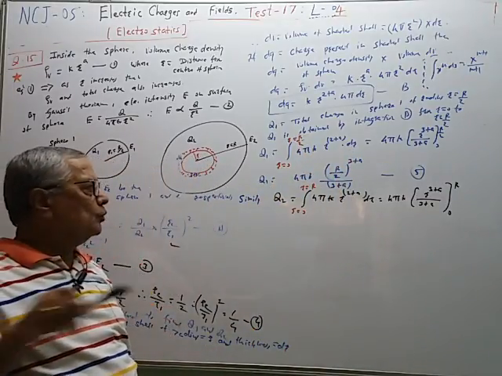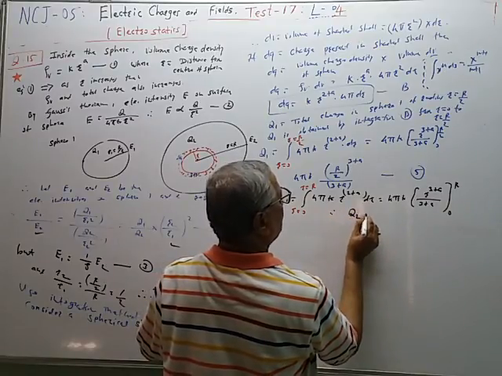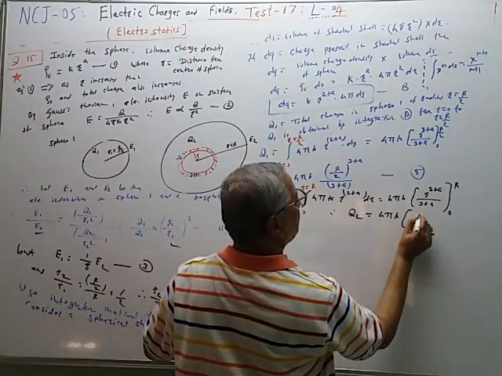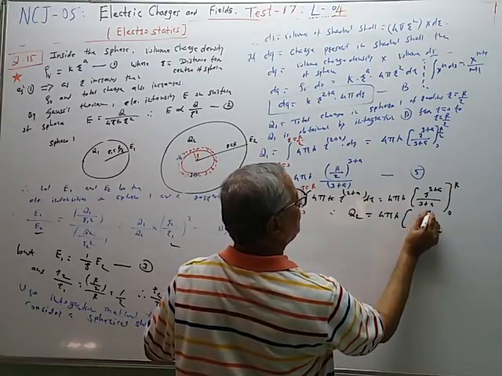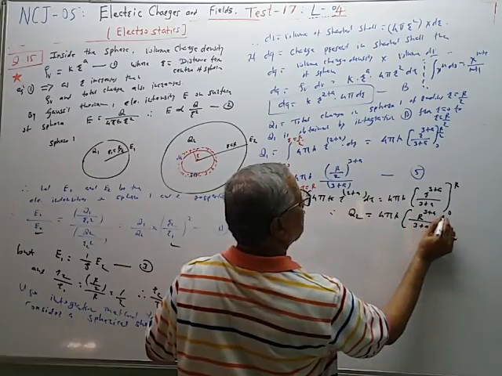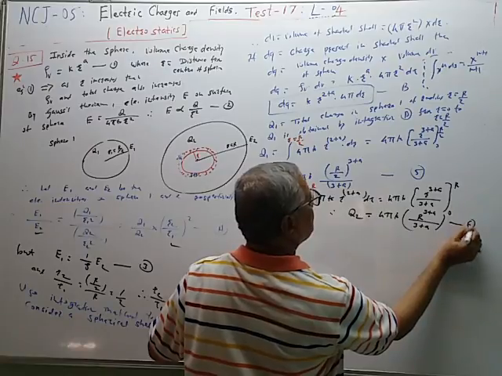So we know Q1 and Q2, and therefore Q2 is equal to 4 pi k, r raised to 3 plus a upon 3 plus a. So this is equation 6.